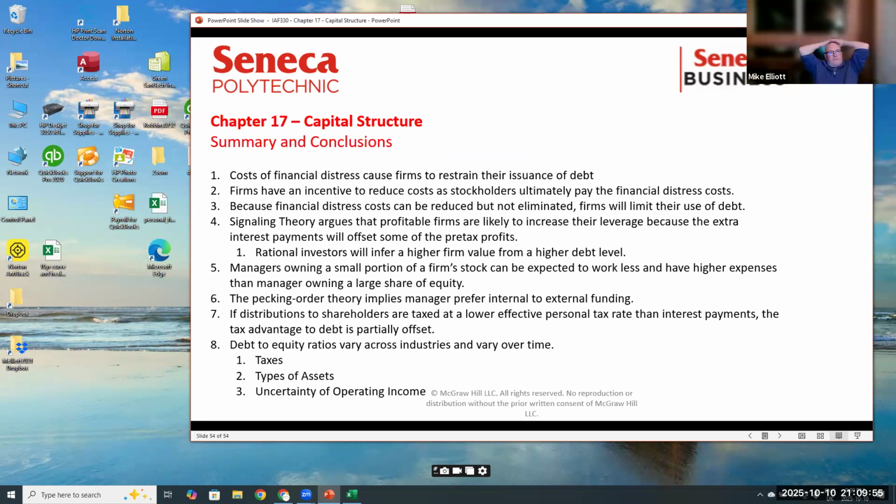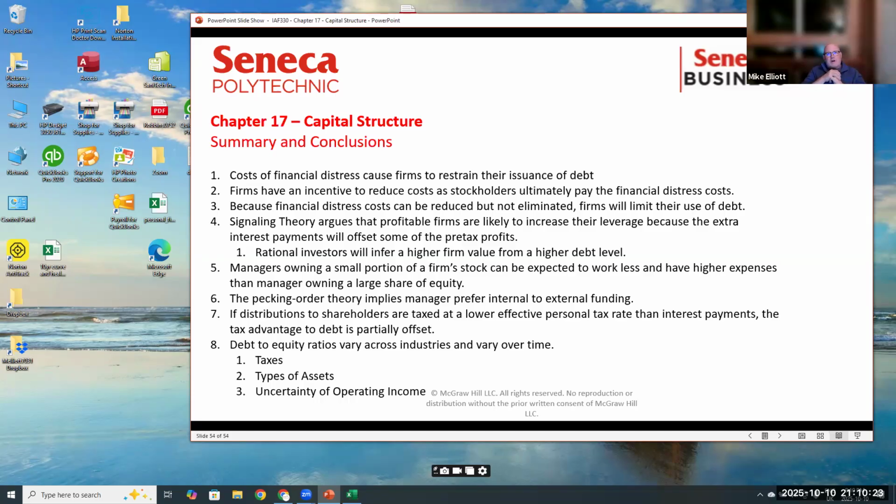Summary and conclusions. The cost of financial distress causes firms to restrain their issuance of debt. We know that. That's why we have our humped look with our optimal debt at the top. As we go lower than optimal debt, we're not getting the maximum effect of our tax shield. And once we go past optimum debt, our distress costs go up too much.